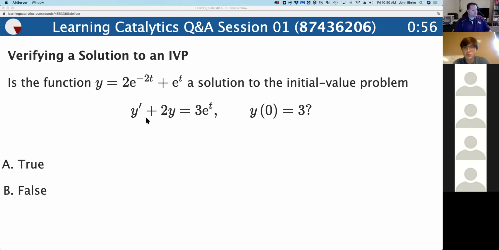We feel reasonably good that this problem can be solved because it's linear and because it has one derivative and one condition to go along with that derivative. So we feel good that we have enough data to solve the problem. It's just a question of whether or not this is the correct solution.